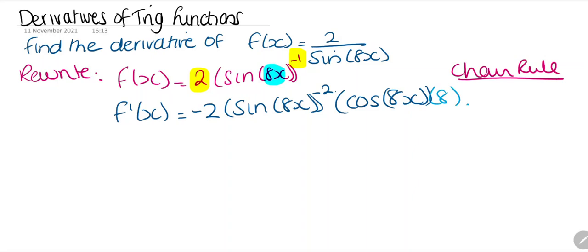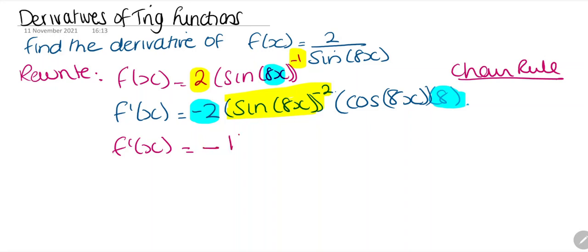So now we're going to simplify. So f prime of x. So we notice this function here is to the negative 2, which means that it's going to be divided by sine squared. So then we have negative 2 multiplied by 8. So we can simplify and multiply those together.